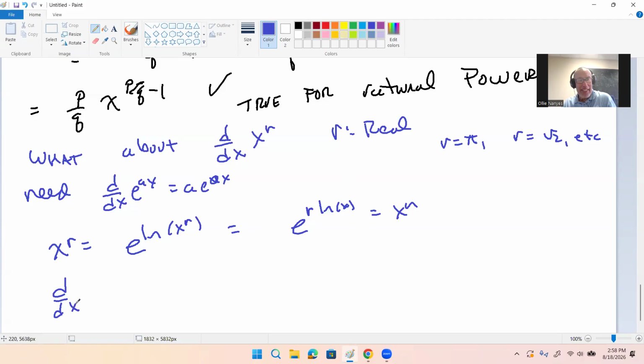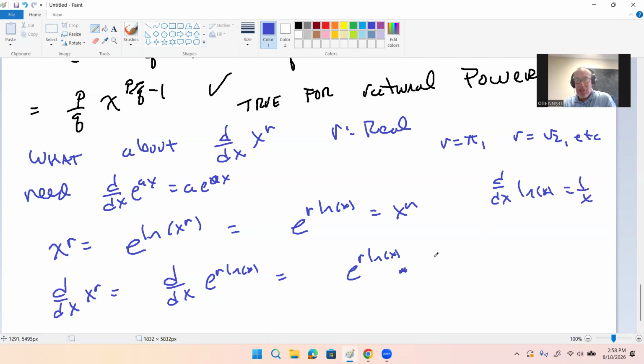Now, when you differentiate, we get the derivative of e to the r log x, which is e to the r log x, multiplied by the derivative of the exponent. And the derivative of log of x, and we do need that here. So it's going to be r over x. Well, that is going to be x to the r times r over x, which is x to the r minus 1 times r.